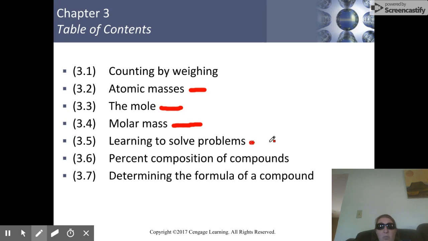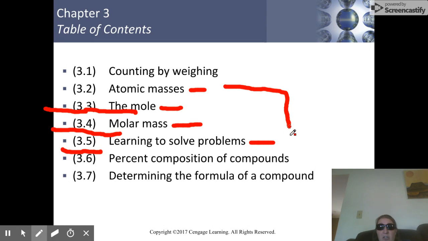And how to solve problems. So I really want to chunk it up so that way it's atomic masses and the mole. We'll cover that first. Then we'll cover molar mass. And then we'll combine them to do the learning to solve the problems. Once we have this information learned, we can move on to the end of the chapter.